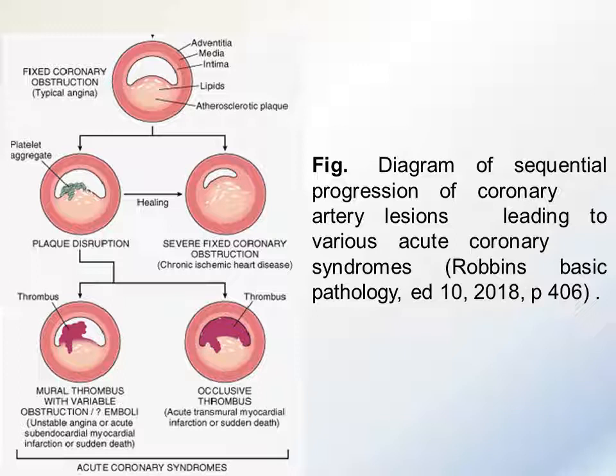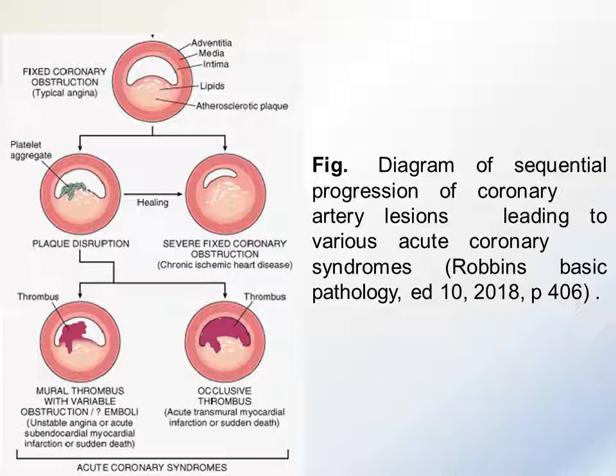This is the diagram of sequential progression of coronary artery lesions leading to various acute coronary syndromes. The initiating event is typically a sudden disruption, ranging from erosion to rupture, of a partially occlusive plaque, and this exposes highly thrombogenic constituents or underlying subendothelial basement membrane and leads to rapid thrombosis.